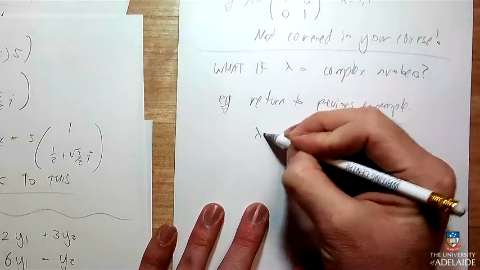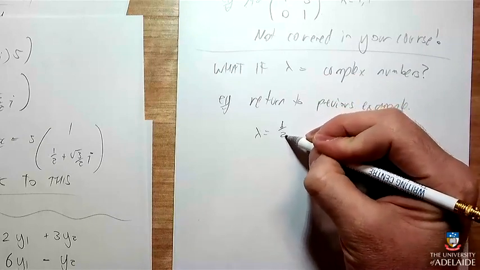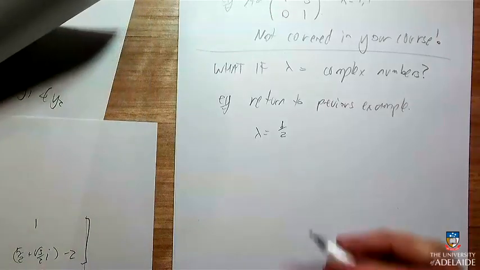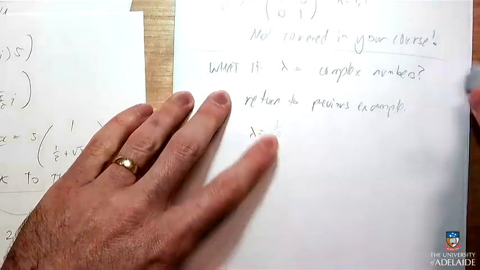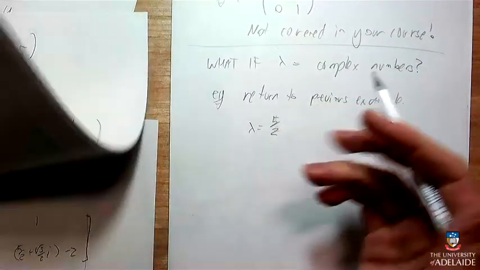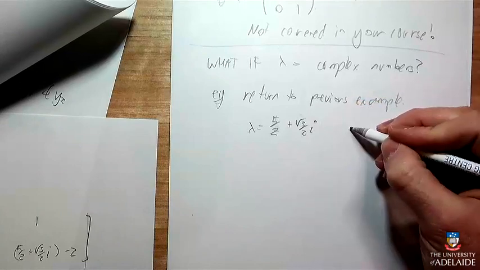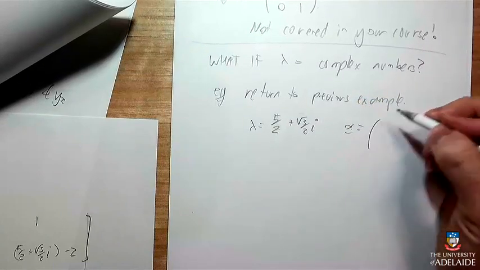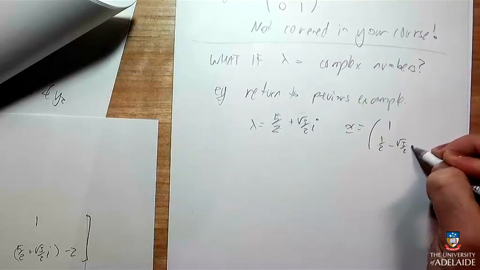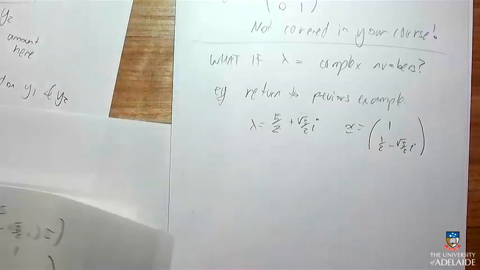Okay, so the previous example I had this. What was my eigenvalue again? 5 on 2, sorry. And the eigenvector that went with it was this. Pretty sure.